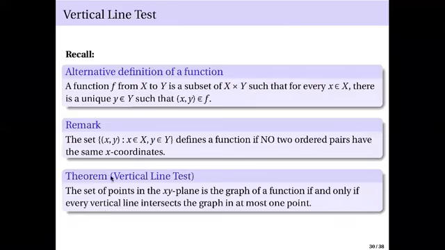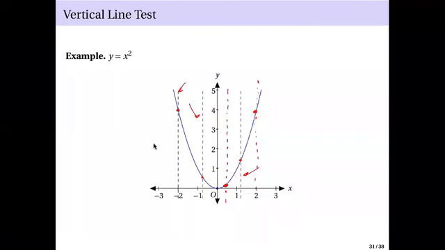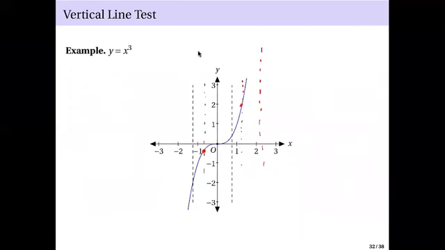It's hard to use if you want to prove that a certain relation is a function, because you need to consider all the vertical lines. So in here, you need to consider all vertical lines, and that's infinitely many of them. Similarly for this, you need to consider all vertical lines, and there's infinitely many of them.